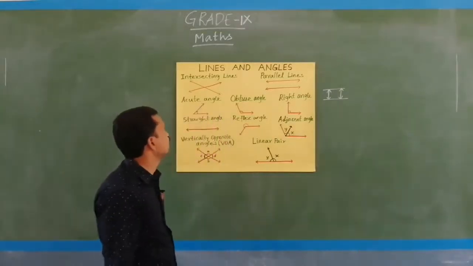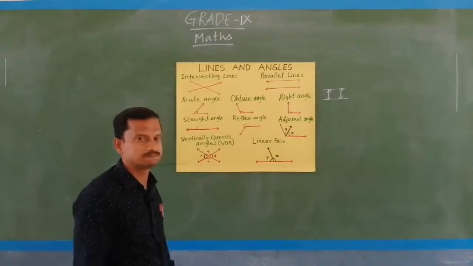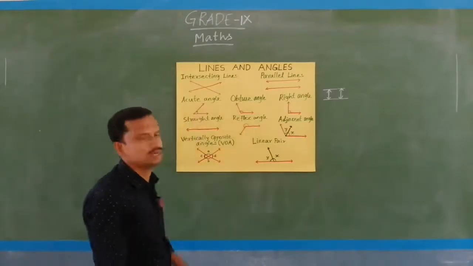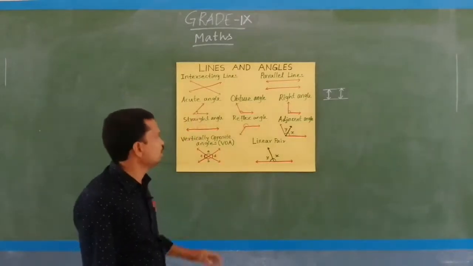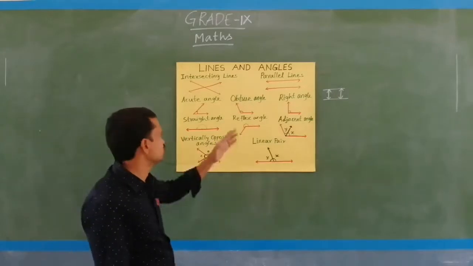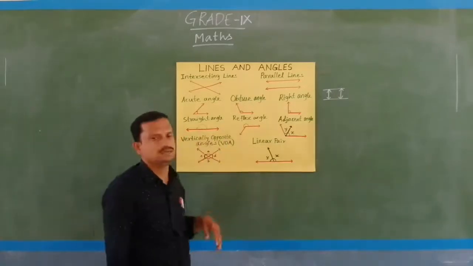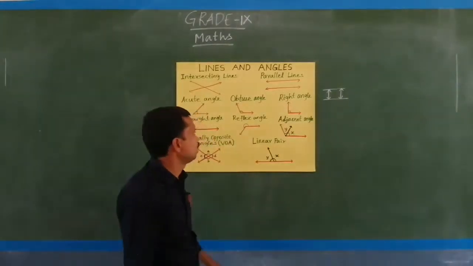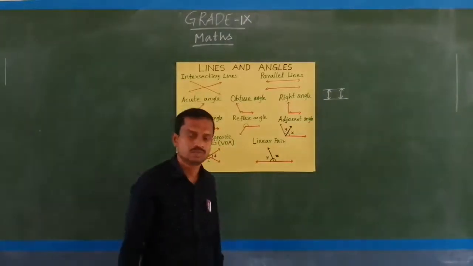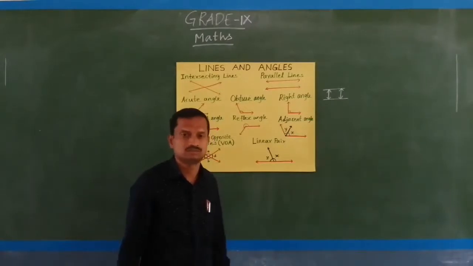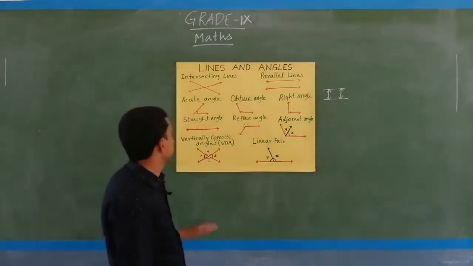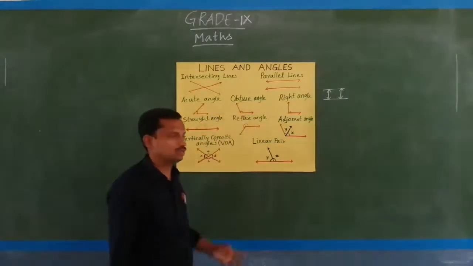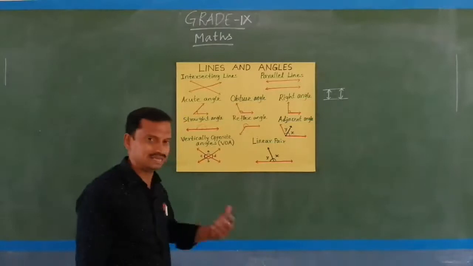And then coming to angles: acute angle, obtuse angle, right angle, straight angle, reflex angle. These are angles you already studied in the previous classes, 6th, 7th, 8th standard, but we just recall them and then get into the 9th syllabus.